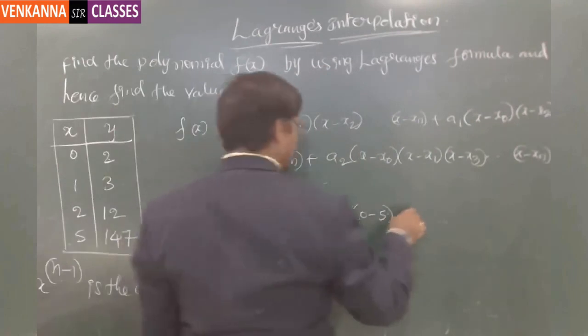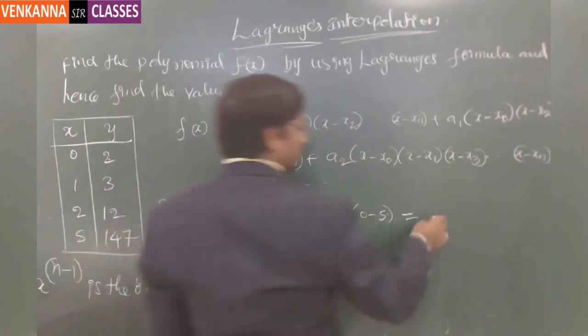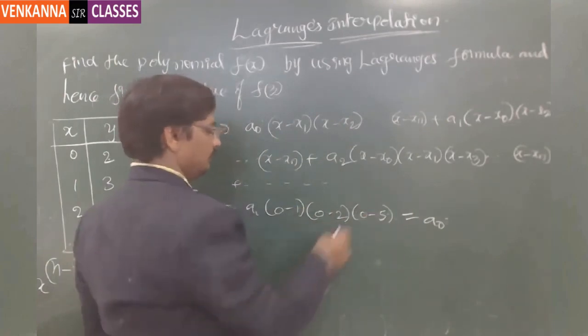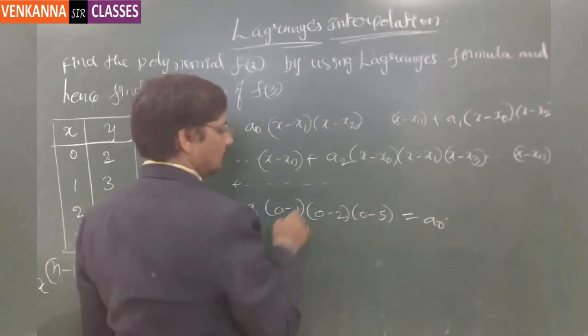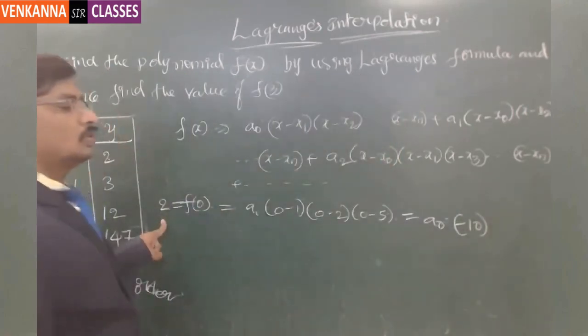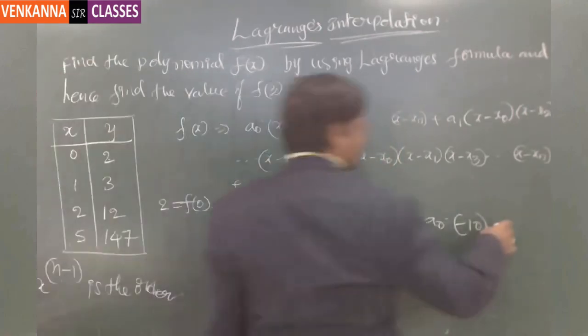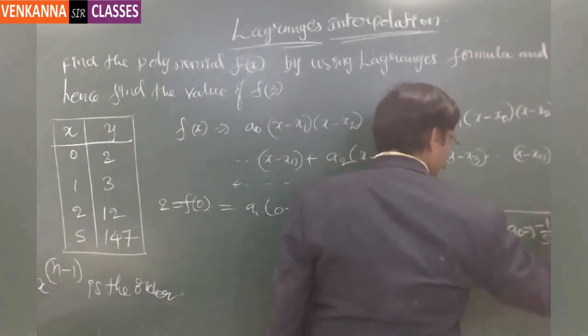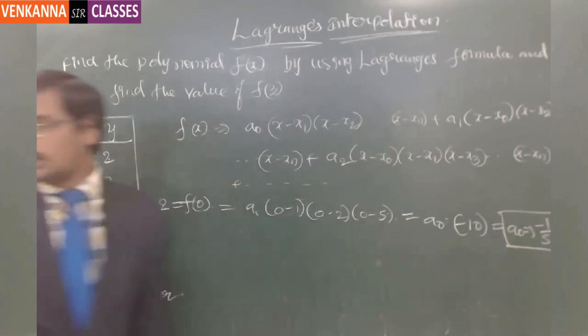Then whatever you have here is a0 multiplied by minus 1, minus 2, and minus 5, so this is plus 10 into minus 1, which is minus 10. So minus 10 into a0 is equal to 2, and from this a0 is equal to minus 1 by 5. This is how you can find the value of a0.